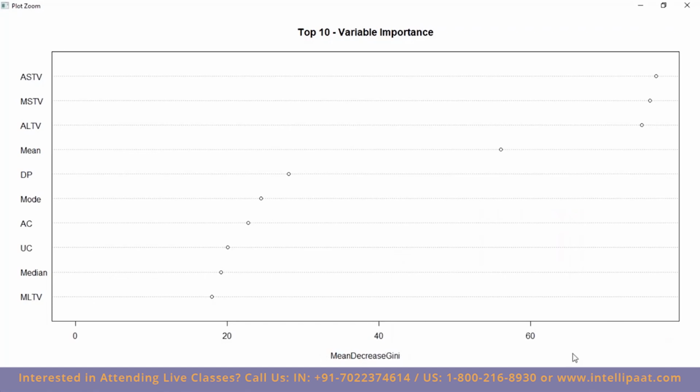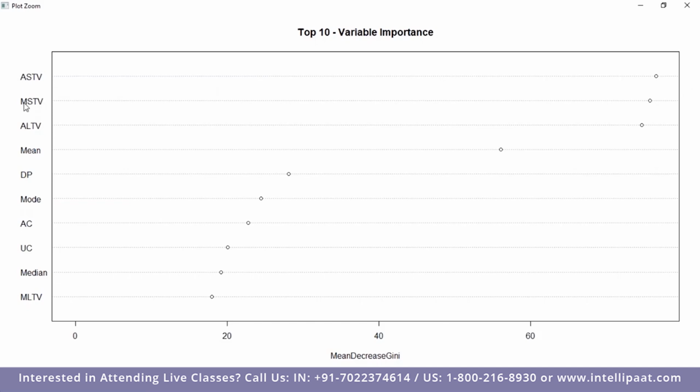So again, as we saw in yesterday's class, the root node has some Gini index value, and then the aggregate leaf nodes have some Gini index value, and that split which has the maximum decrease in this Gini index value, or in other words, the maximum information gain, is basically our ideal split. So this tells us that ASTV would be our ideal split. So if we split with respect to ASTV, then we'll get the ideal split.